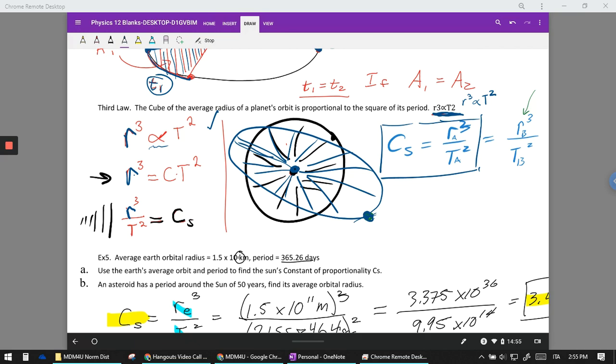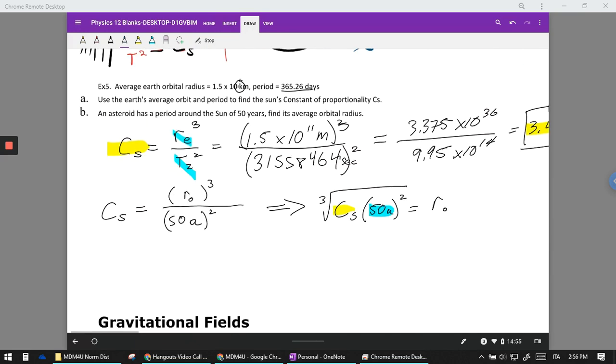All right, let me go through an example question here. Use the Earth's average orbital radius and period to find the sun's constant of proportionality. So that's this.